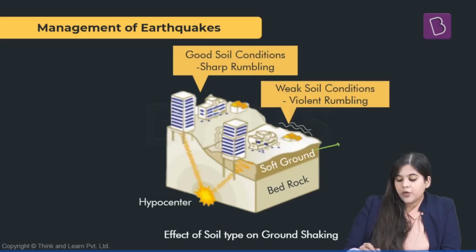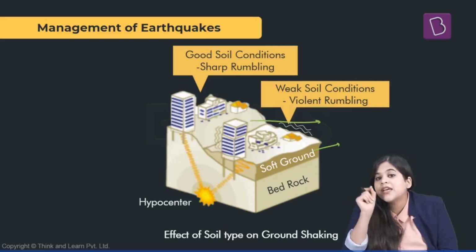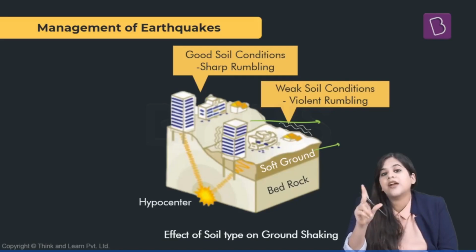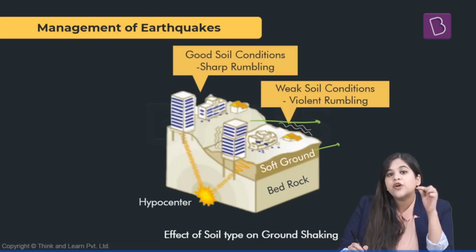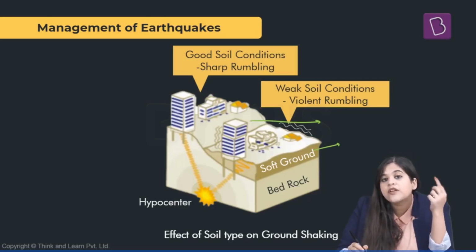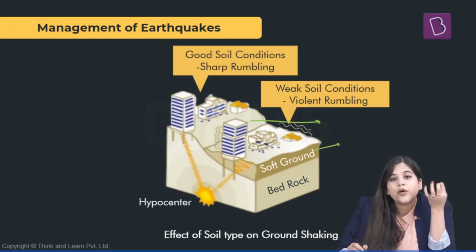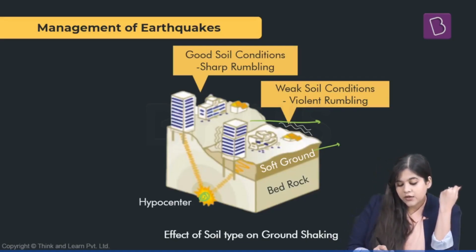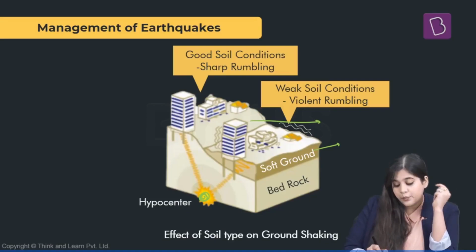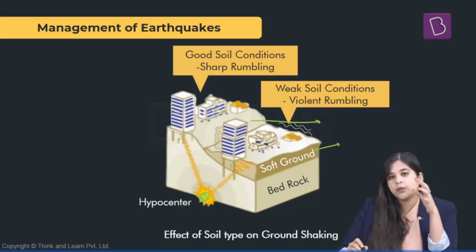How a different type of land on which any building is constructed can affect its safety, and why there is a need for different building codes for different areas depending upon the condition of the land. If you see that there is an earthquake, both the buildings are equidistant from the hypocenter.